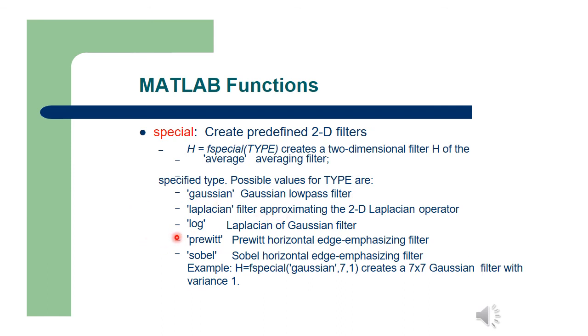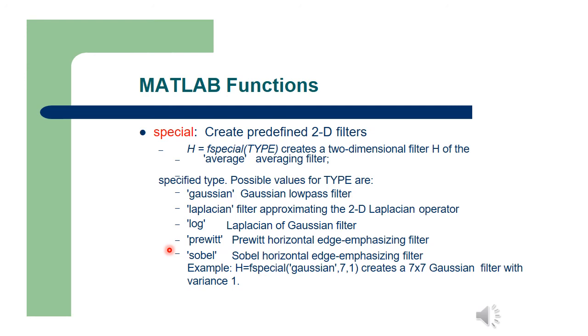If you put Gaussian, it will create a Gaussian filter, which is a low pass filter. Laplacian is the second derivative in x and the second derivative in y, so a Laplacian filter can also be created by fspecial.